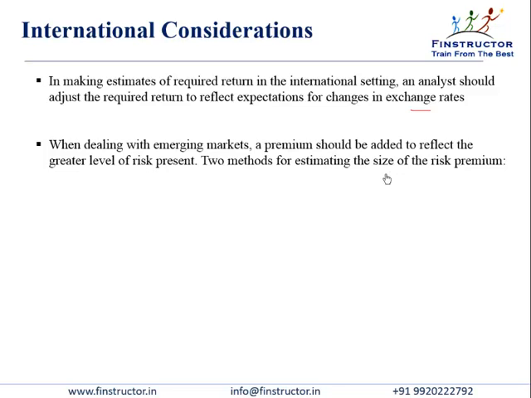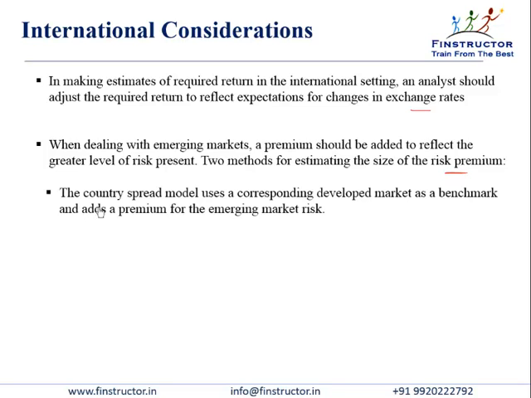So there are two broad methods of estimating the size of this risk premium. The first model, we got a hint of this at level 1, was the country spread model, wherein we used a developed market and computed the required return from the developed market, and then added a premium for the emerging market risk.